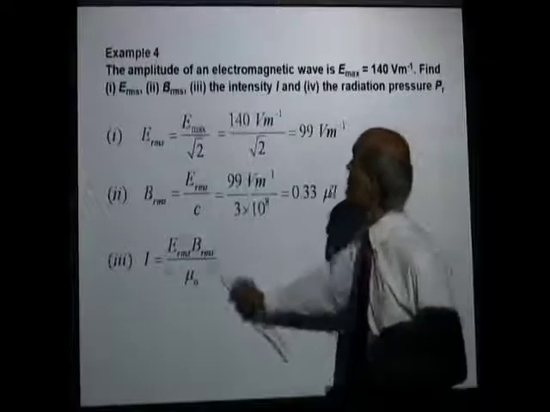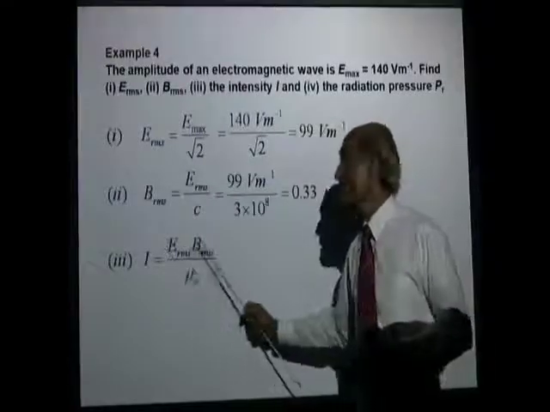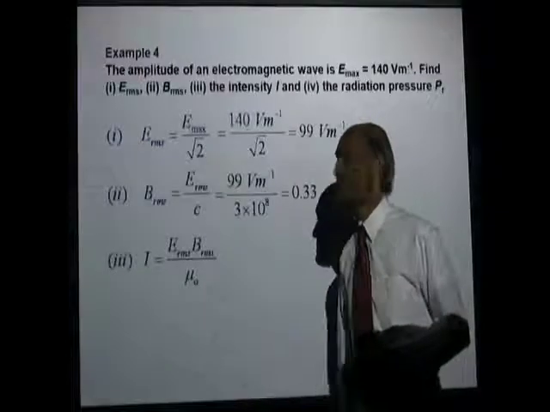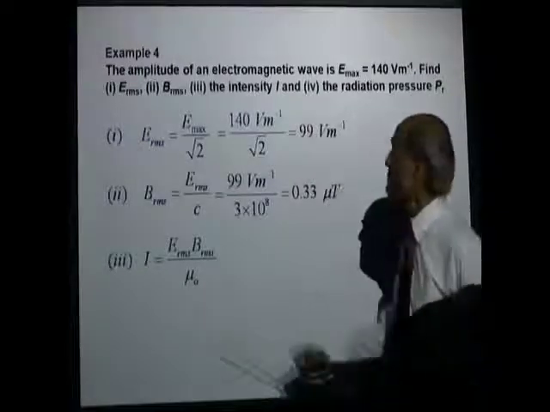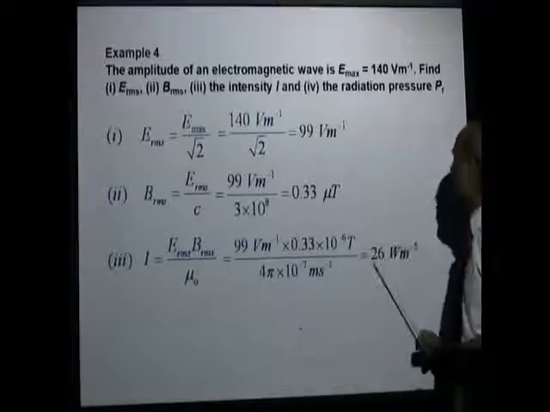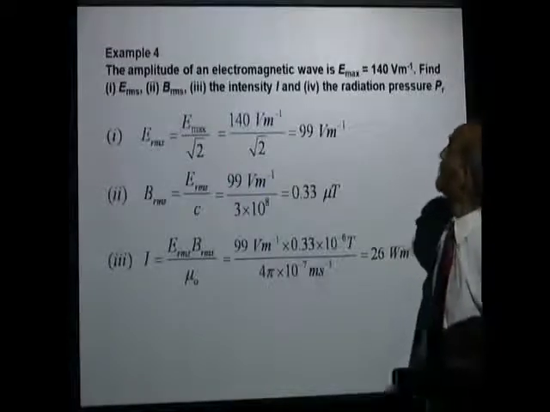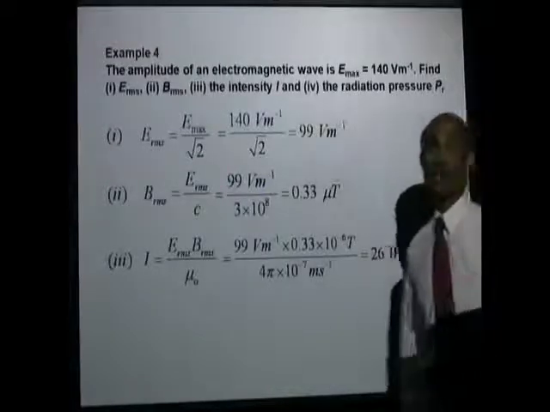Now, the intensity is E RMS times B RMS divided by mu 0, and we have both these values, and that gives you the intensity as 26 watt per square meter. And what else do we need? The radiation pressure.